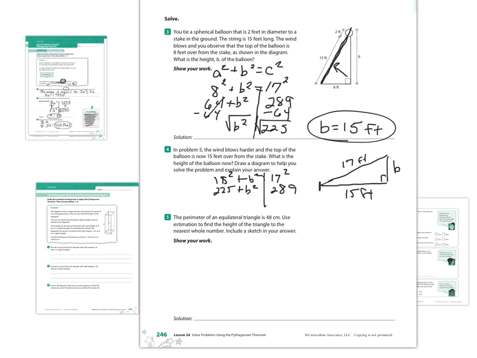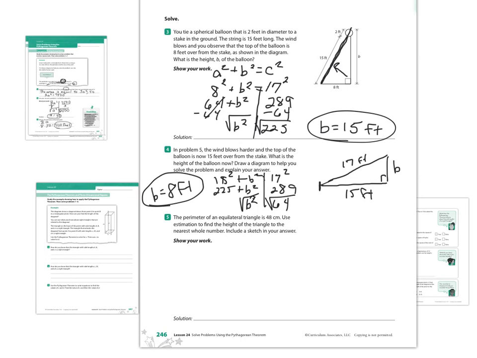What you would do is subtract 225 from both sides, which would leave you with b squared on the left and 64 on the right. We have a squared equation, so to find the value, the inverse of squaring a number is finding the square root. So the value of b is the square root of 64, which is equal to 8. So that balloon is now 8 feet above the ground.